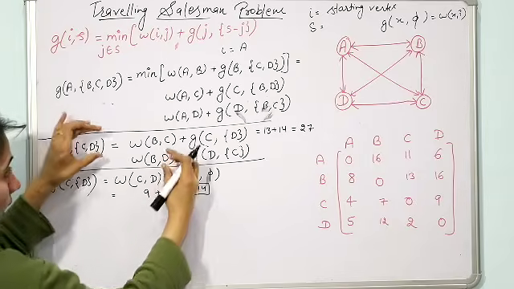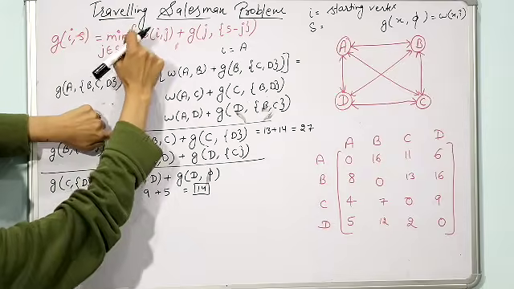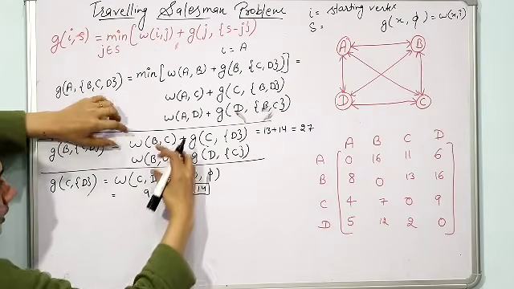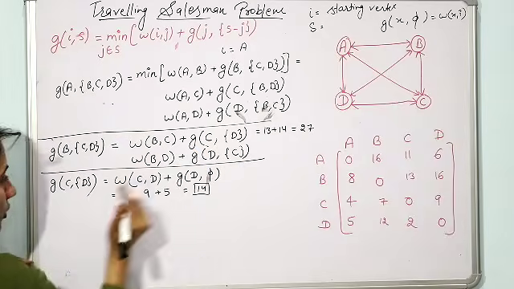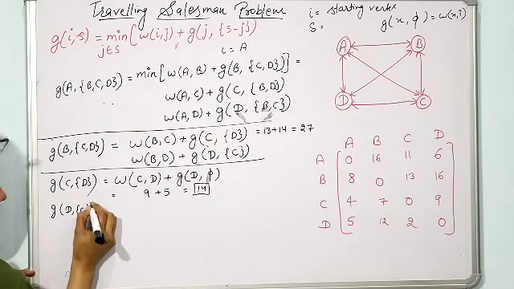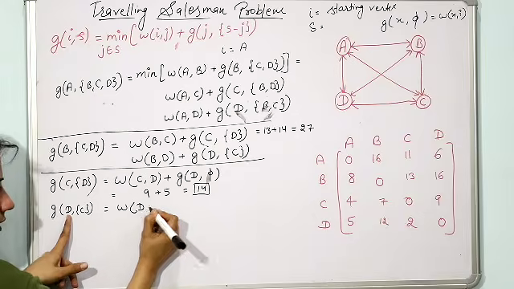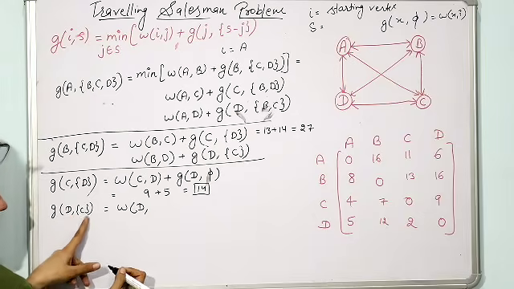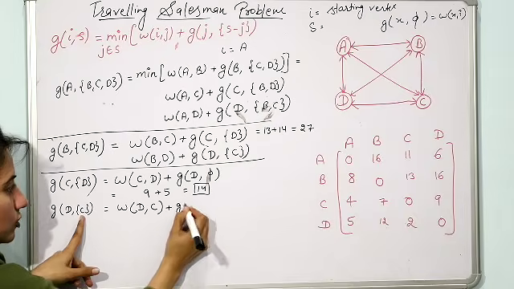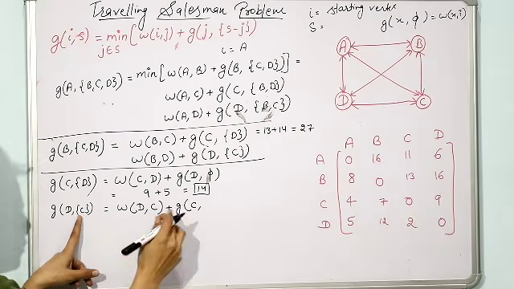Now see, we have to take the minimum of these two, because in the general function what did we write? Minimum. I haven't written minimum here, but you have to take care of this thing also. Minimum of these two. Now you have to find out the value of this one, G of D comma set is C. Now this would be weight of the starting vertex, here D, to C. We will select any one from the set, and we have only one, that is C, so we will select C, plus G of C and then this set minus the selected vertex.